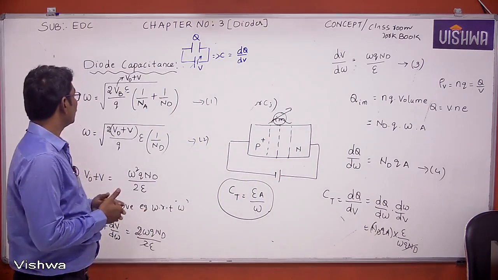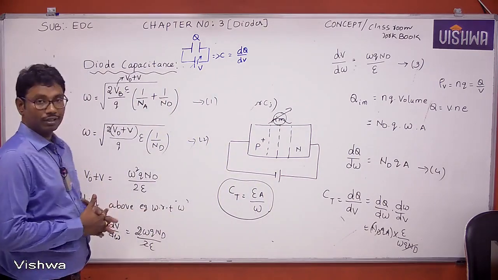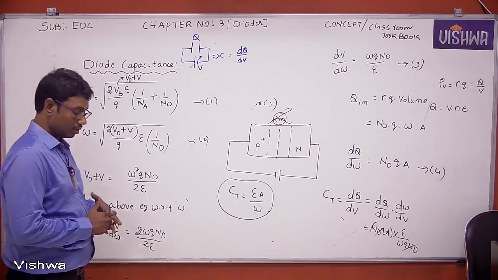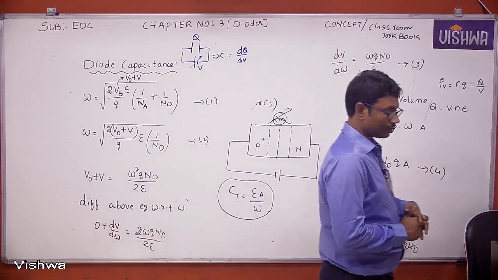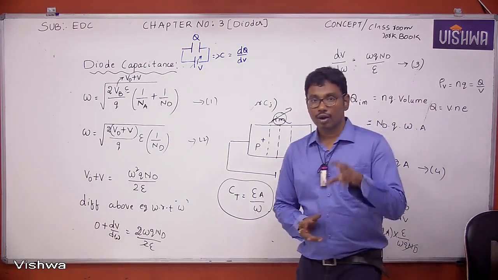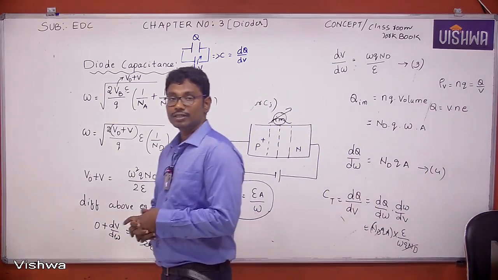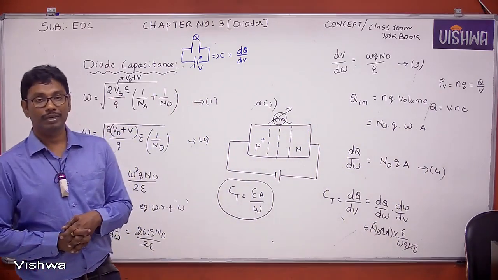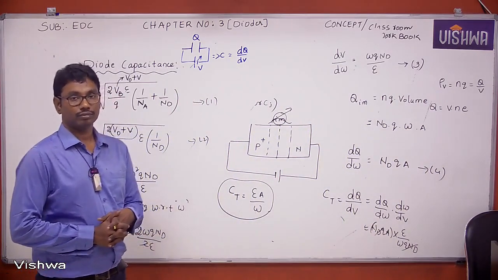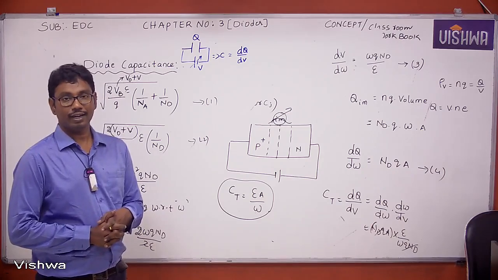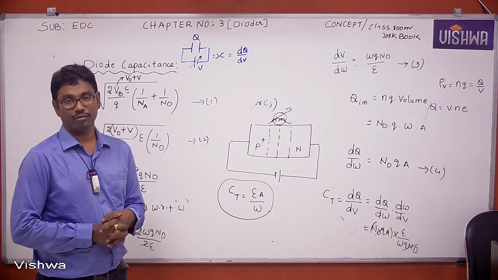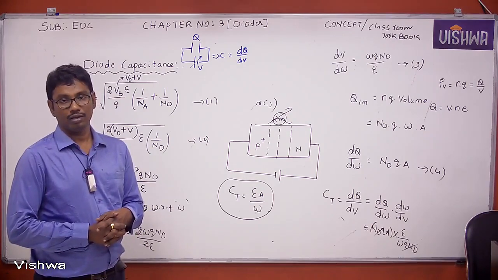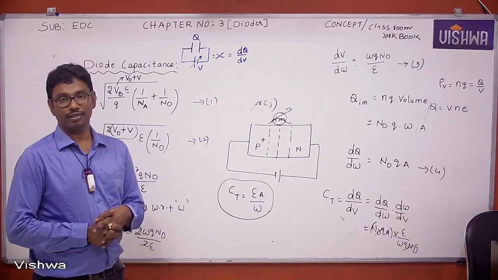Write down this. To compute transition capacitance, consider a one-sided heavily doped p-n junction, that is, in brackets, p plus n, in reverse bias condition.